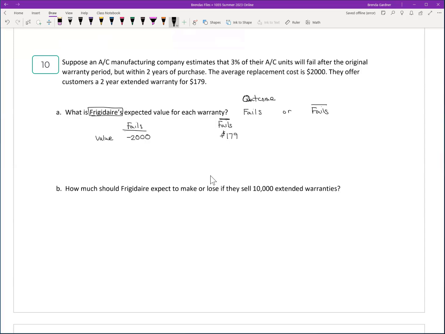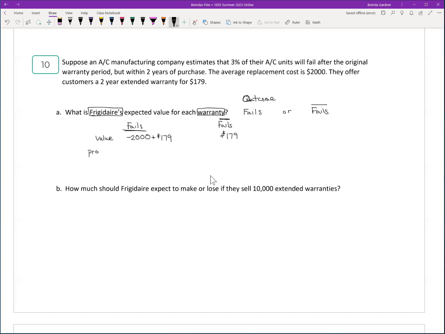However, even though it fails, if the consumer did put a warranty on it, which is what we're asking, when they get a warranty, what kind of money will they be making or losing? They lose $2,000, but they actually still gained the $179, if that makes sense. Because they got that up front, and then they're going to have to spend $2,000. So that's the value if it fails, and if it doesn't fail, then they earned $179.